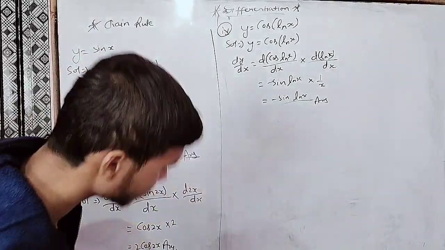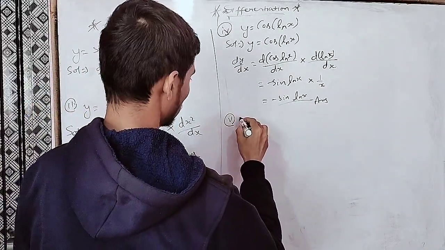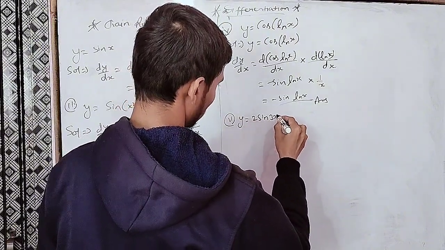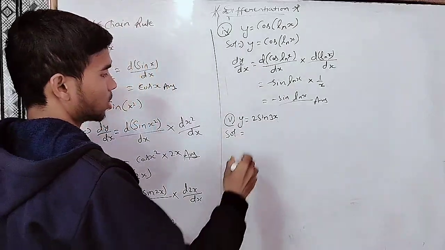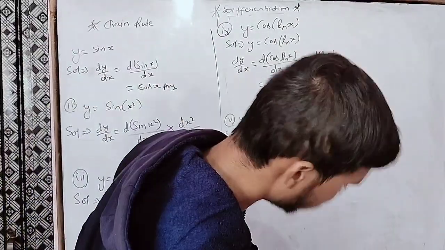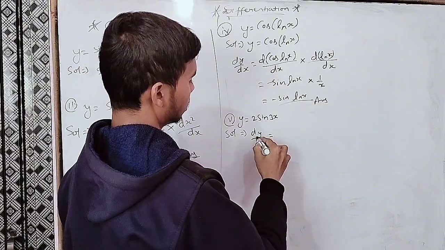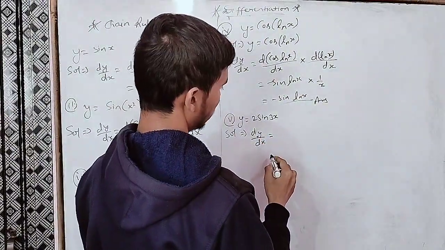Next, we have y is equal to 2 sin 3x. So solve dy by dx.